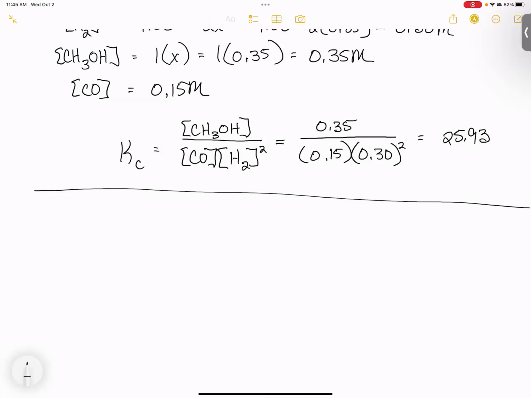If we add multiple reactions together, then the equilibrium constant for the summation of those reactions is equal to the equilibrium constant for the first reaction times the equilibrium constant for the second reaction, and so on.